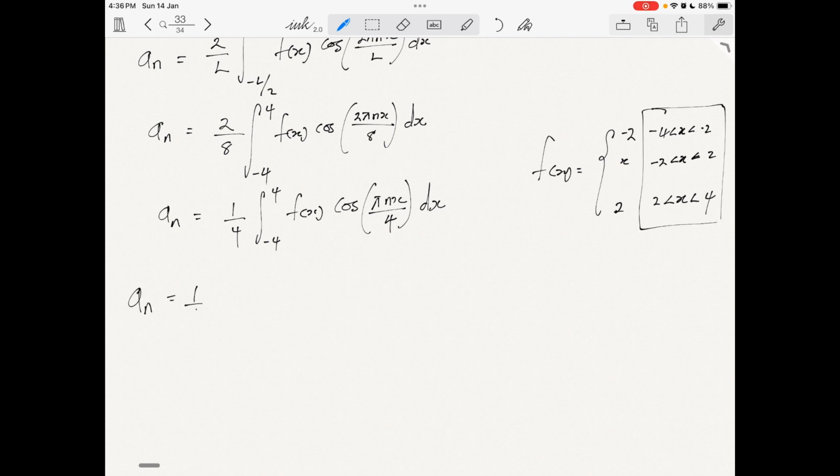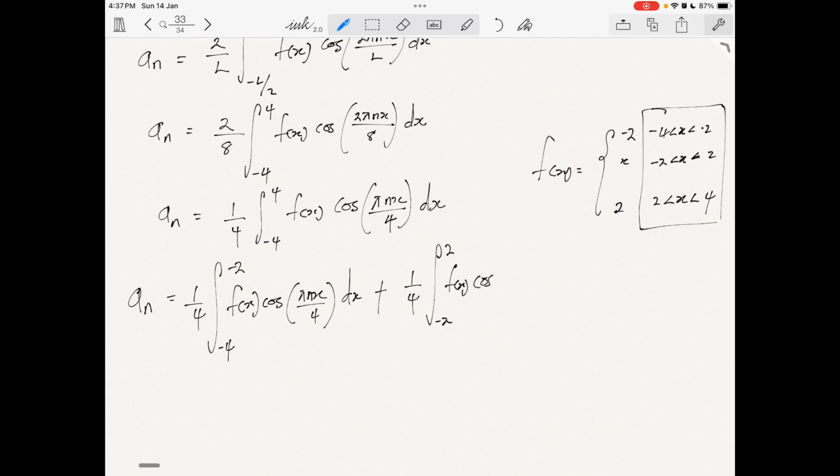So AN will be 1 over 4 integral of minus 4 to minus 2 of f of x cos pi nx over 4 dx, plus 1 over 4 integral of minus 2 to 2 of f of x cos pi nx over 4 dx, and finally plus 1 over 4 integral of 2 to 4 of f of x cos pi nx over 4 dx.